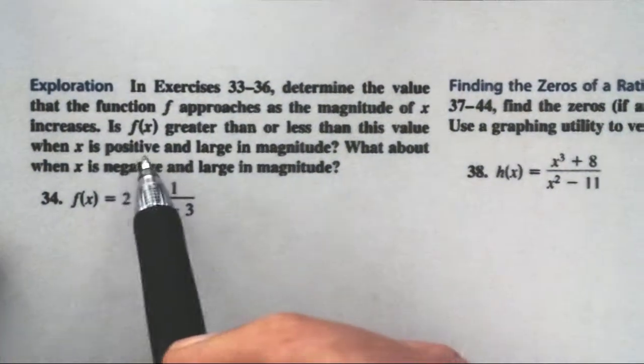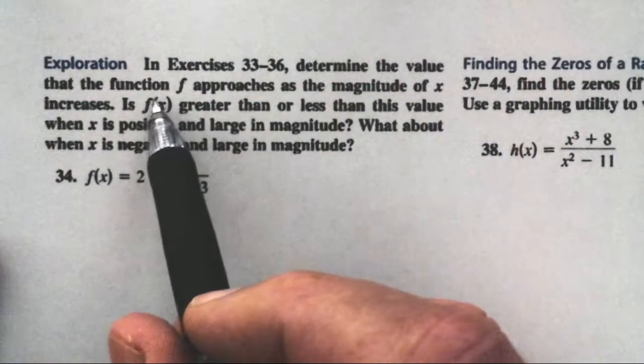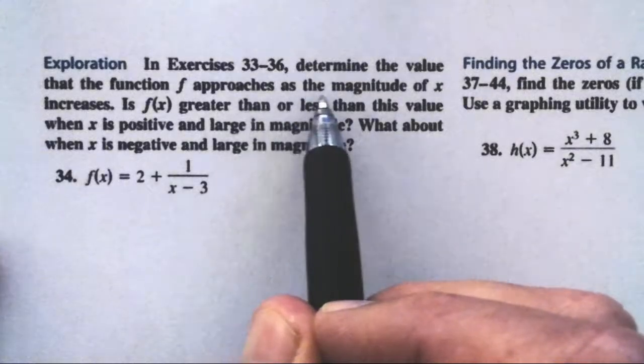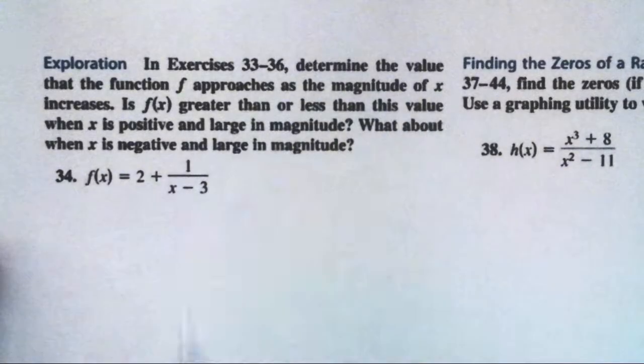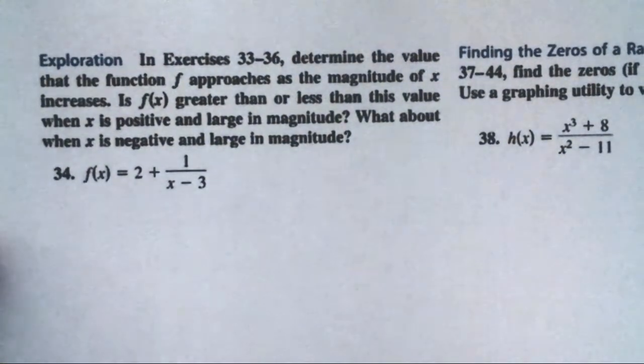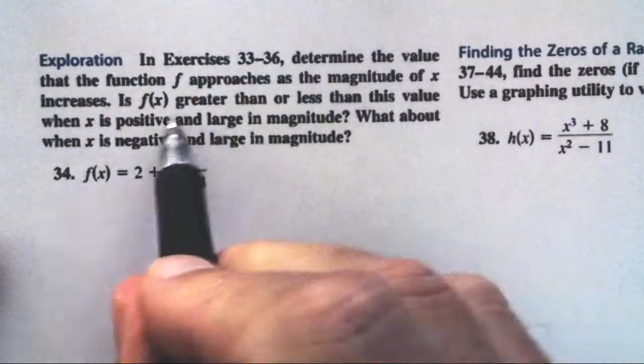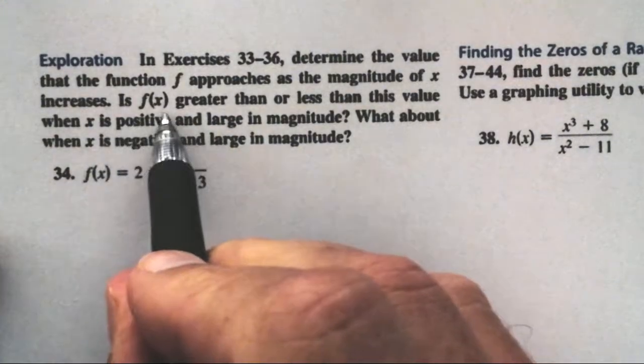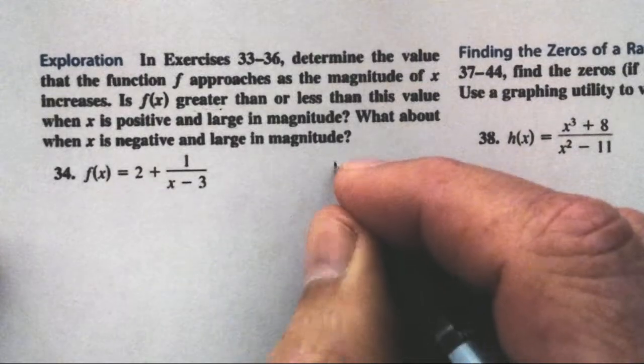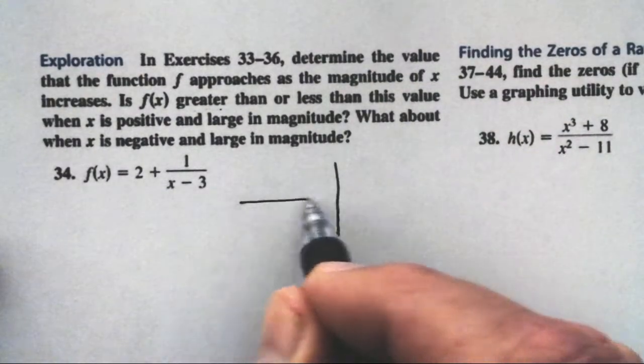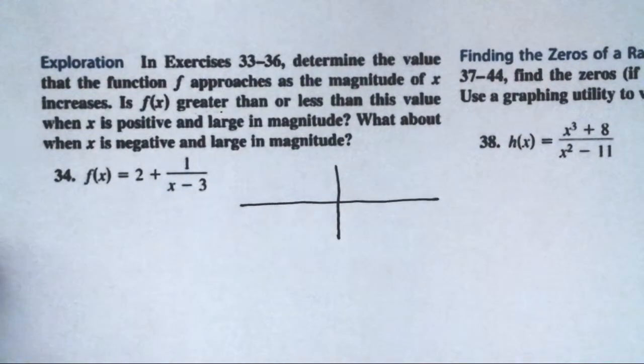All right, continuing on. Determine the value that the function f approaches as the magnitude of x increases. So we get big values of x. Is f of x greater than or less than this value? So we're just going to consider what happens as x gets really, really big.